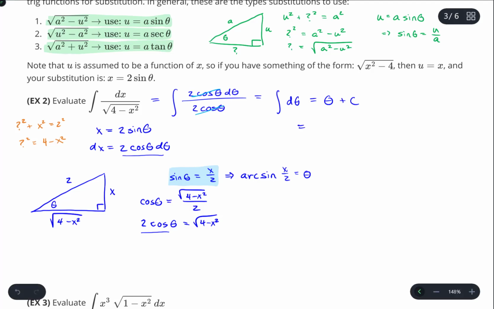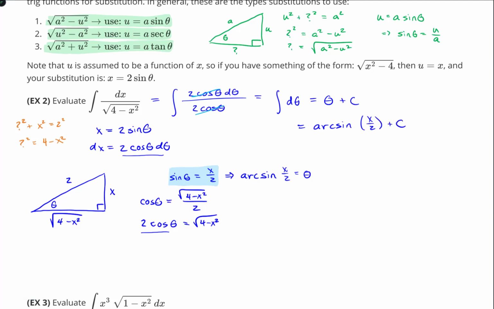So that would be arcsine x over 2 plus c, which is the same response that we got previously. So that's great. That gives us a way of understanding the process that we were doing before, and this is where it all comes from.